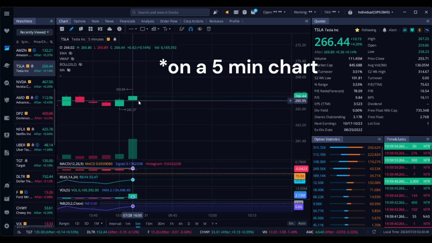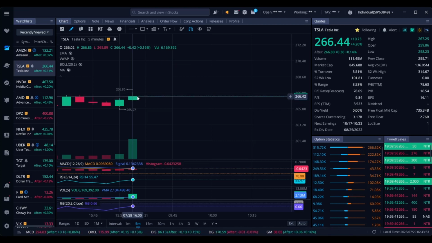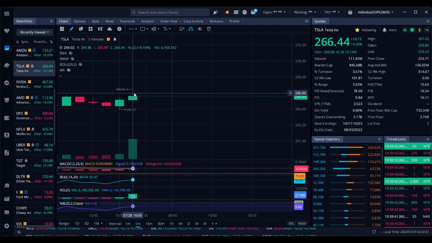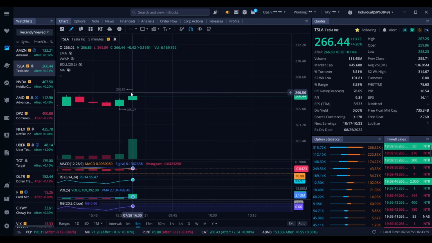So it opened here, it dropped down here, and it came up to the top of the wick, which is 266.86, and then it closed right here. So that's what made it green, because it closed higher than it opened.